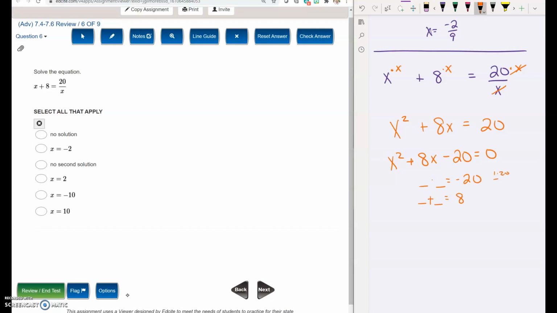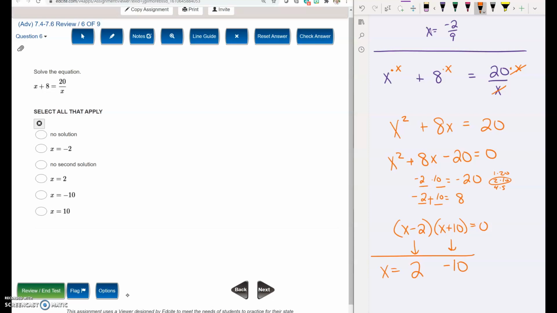You've got 1 times 20, 2 times 10, 4 times 5. 2 and 10 would give us 8 if we had a negative 2 and a positive 10. So x minus 2, x plus 10 equals 0, which means our solutions are positive 2 and negative 10.